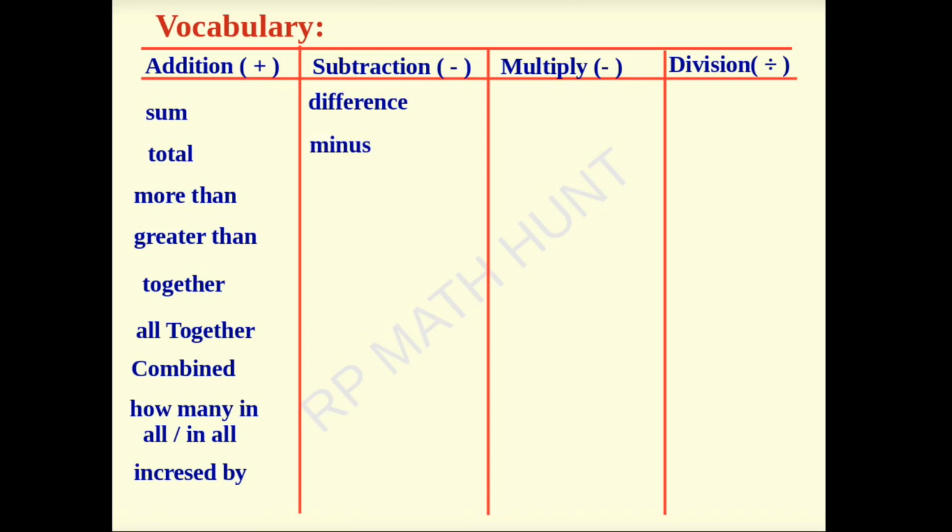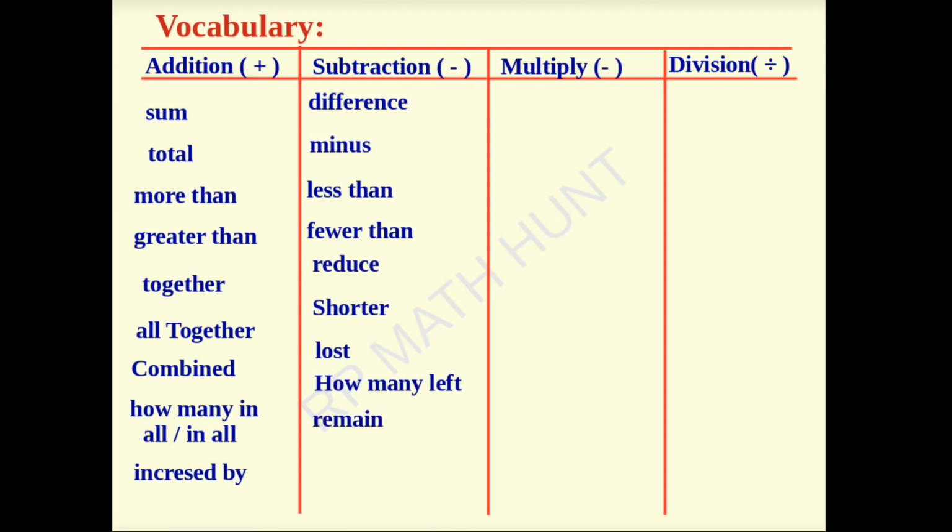These words tell us addition. Subtraction: difference, minus, less than, fewer than, reduce, shorter, last, how many left, remain, decreased by, take away. And these are all the words that tell about subtraction.